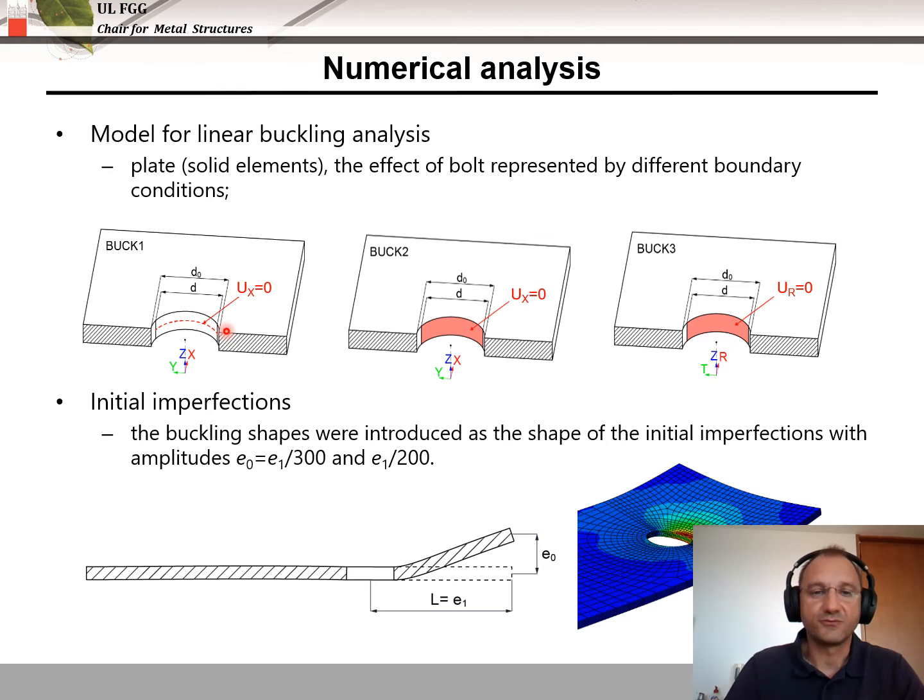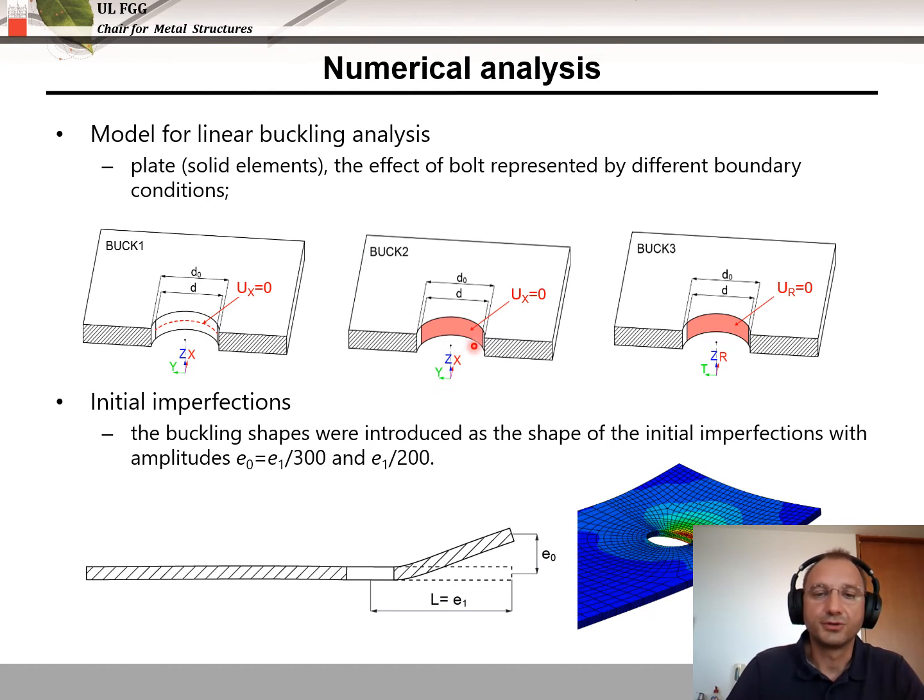There were three types of boundary conditions considered. The analyses with these types were noted as buck 1, buck 2, and buck 3. In buck 1, only at a middle line in the hole wall, the nodes were restrained in the X direction.